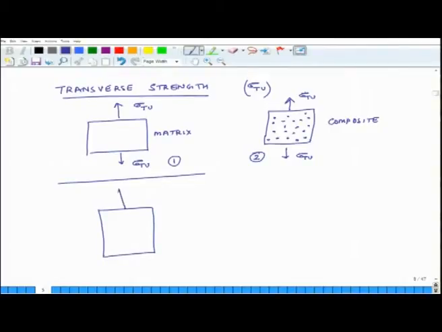So, suppose you have a simple matrix material and I apply some force F, and it is a matrix material which has a square or rectangular cross section, then the stress, let us say along this cross section, is uniform, and this is equal to F over A, where A is the cross sectional area of this material.